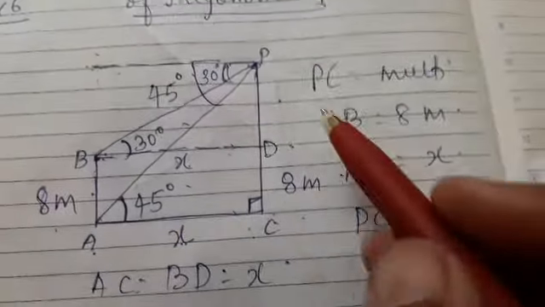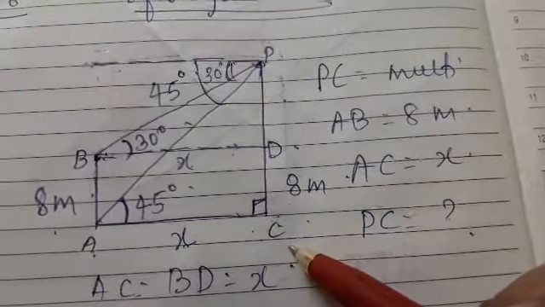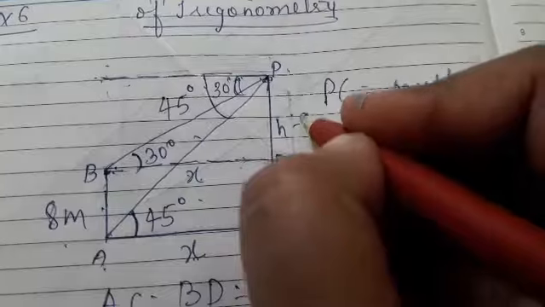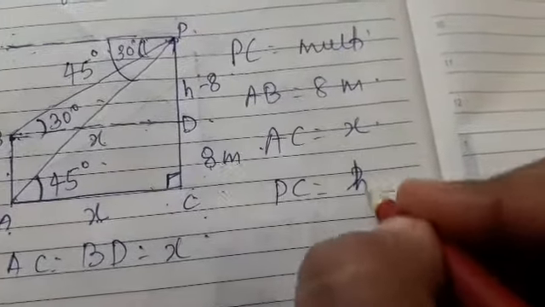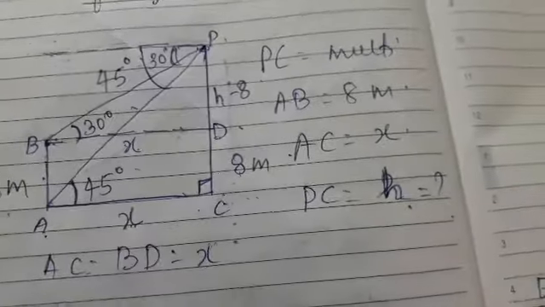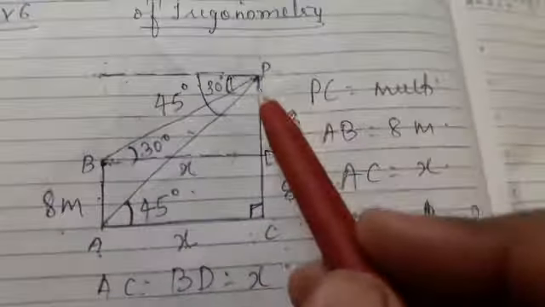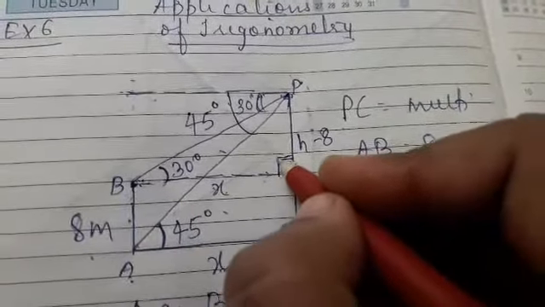Now what we can do, this total length we can assume to be h, right? And if this is 8, this will be h minus 8. So I will write PC is equal to h. Now let's proceed with the triangle PBD.